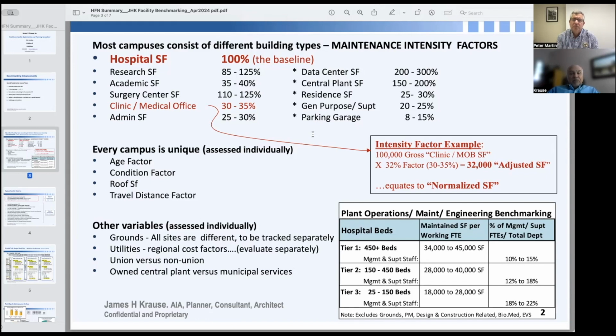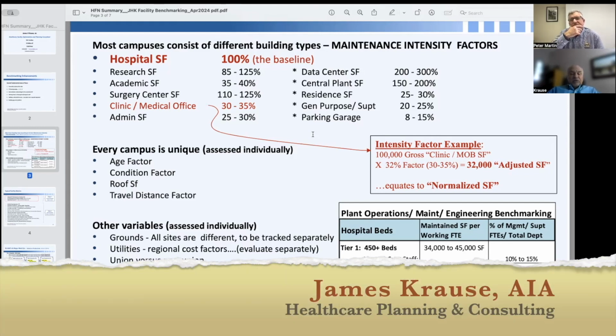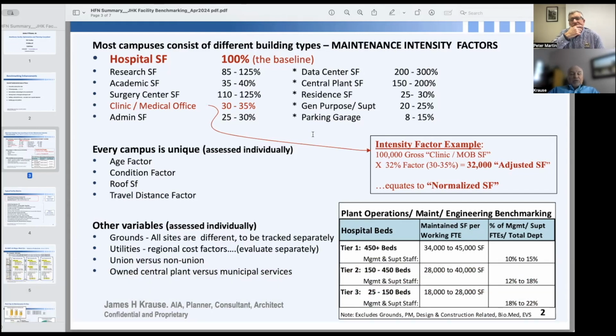I've also found that roof square footage is another issue that often does not get into the mix. Extensive roofs require incrementally more staff to be able to go through and maintain any of the roof issues that are going on.